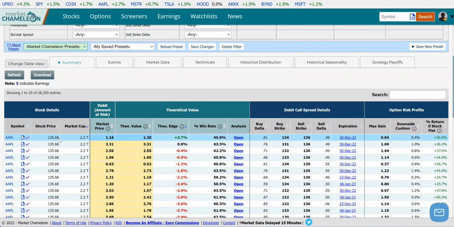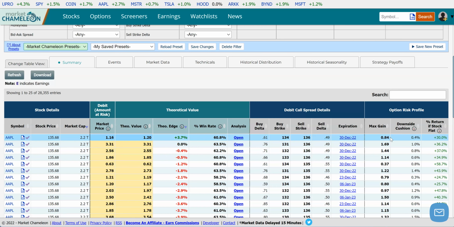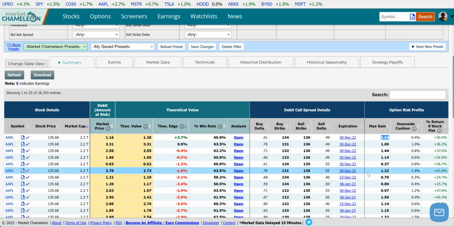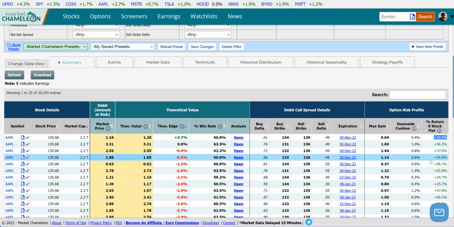If the stock finishes at 135.68, that's $1.68 in the money. I'm sorry, that's your max gain. But this would give you a 52 cent return on $1.16 at risk. So you would earn a 30% return.